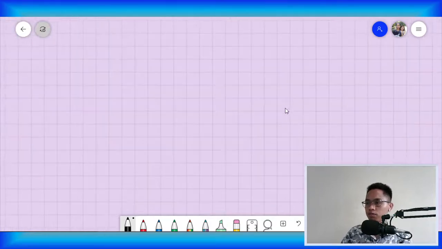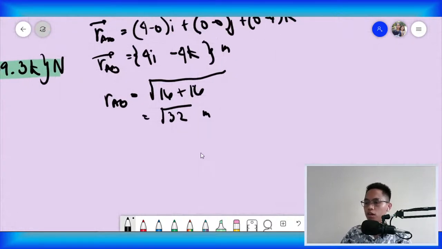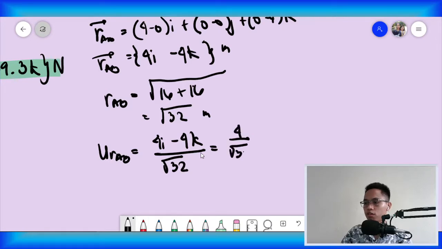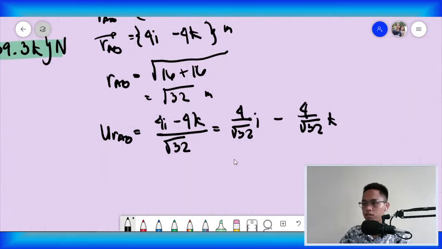Now to solve for the unit vector rAB, this would be 4i minus 4k over the square root of 32, and this would be 4 over square root of 32 i minus 4 over square root of 32 k. Okay, if you want to find the direction angles of AB, you can solve it from here already.